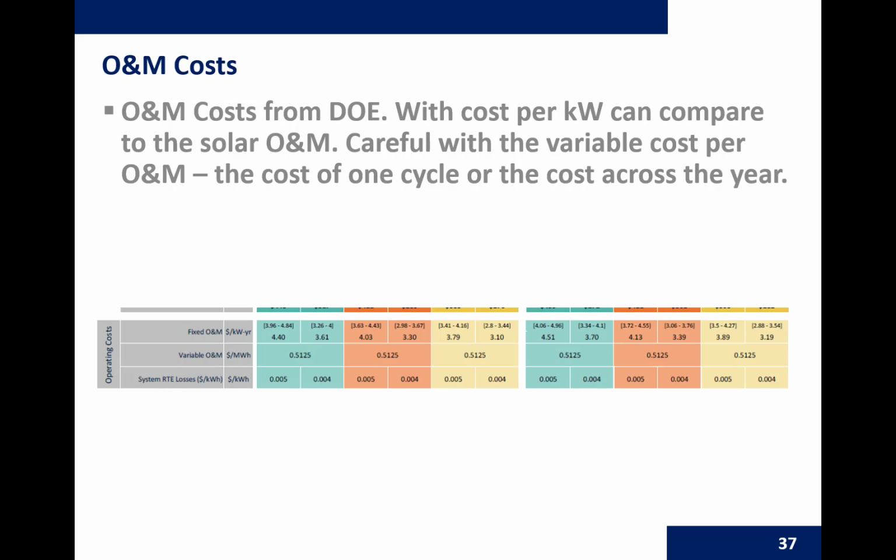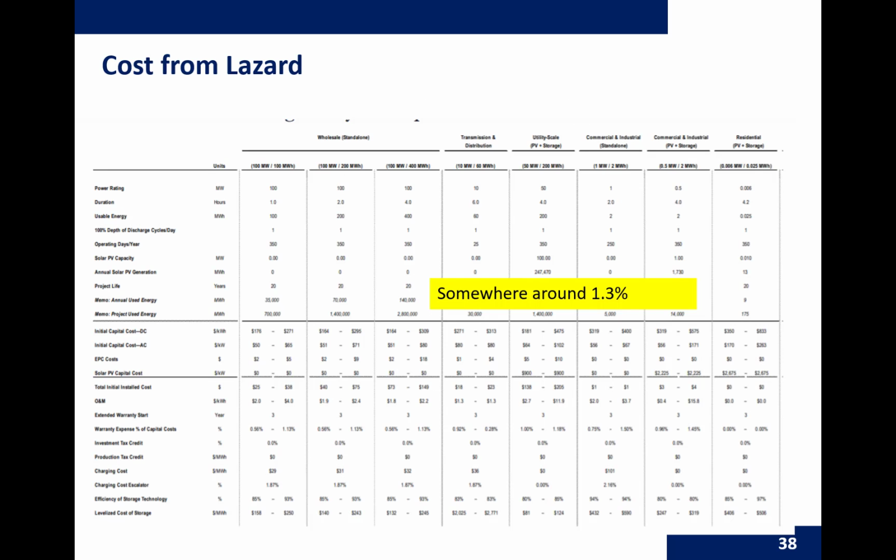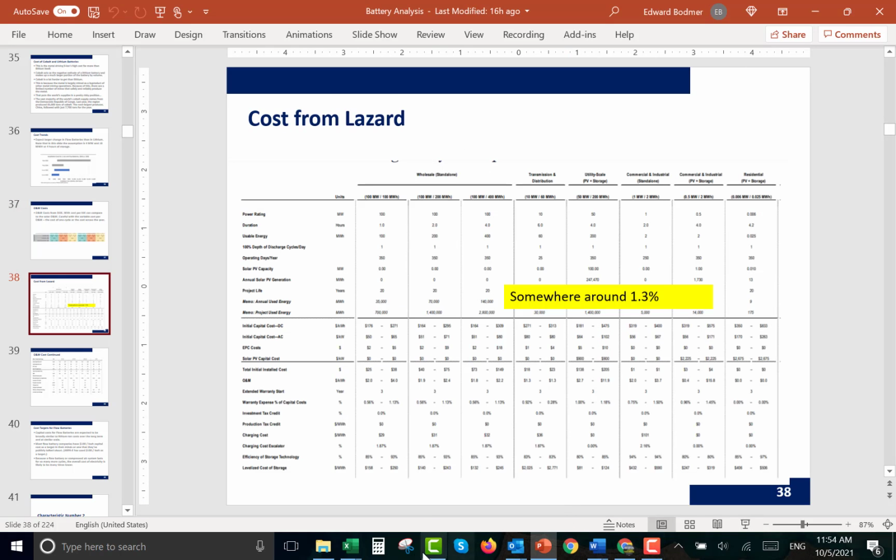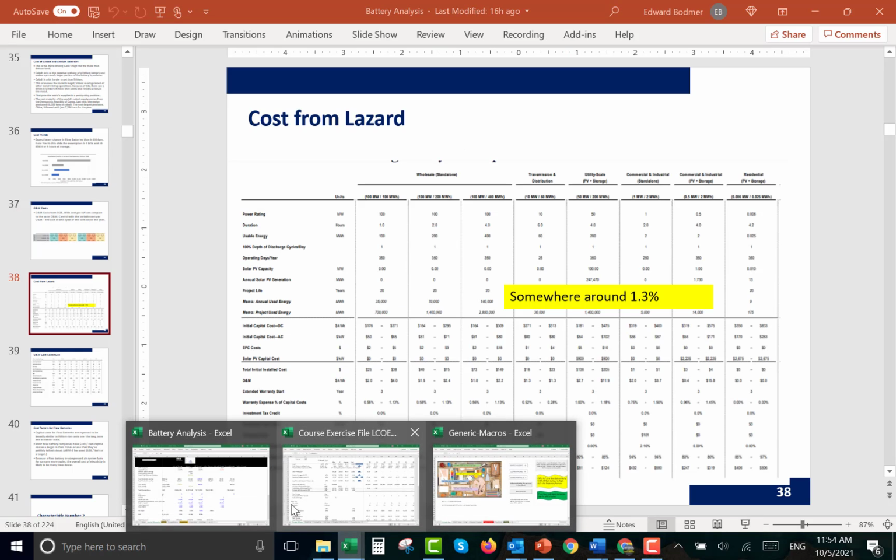And now, the next issue is what are the real operation and maintenance expenses on a battery? And that's, I think, a little bit of a controversial subject. There's a whole lot less information you can find on the O&M expenses. Lazard, I don't know if you should believe much of what they do anyway, after they came up with this hydrogen report. But they put somewhere around 1.3%, and I did some other analysis, and we'll put that's 1.3% of the capital expenditure.